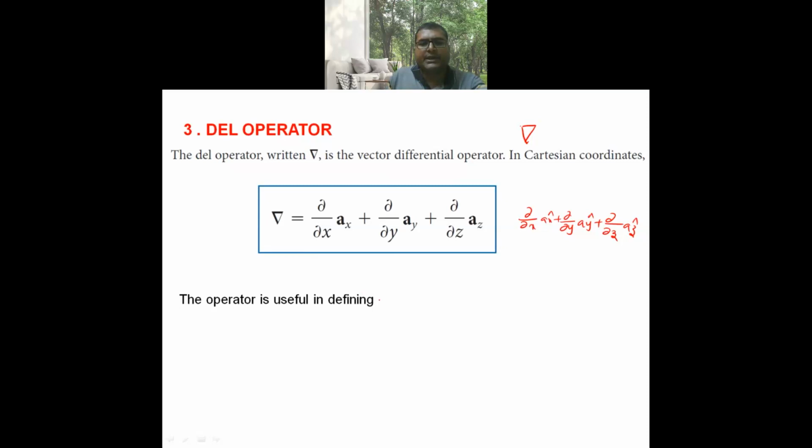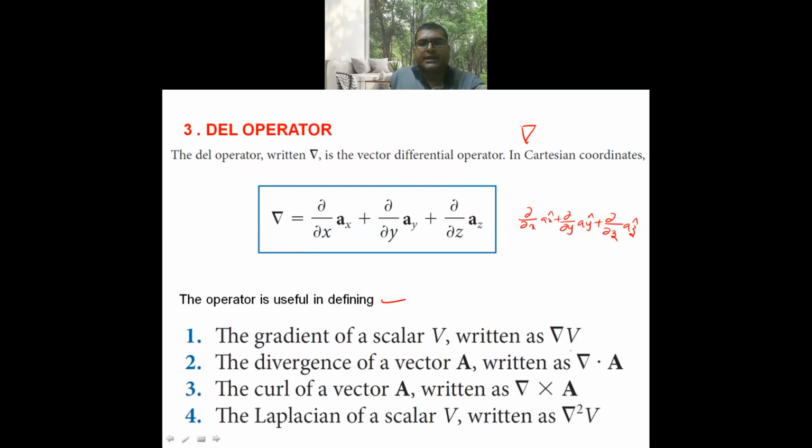The operator is useful in defining the gradient of a scalar, which can be written as del v. The divergence of a vector a bar is written as del dot a. The curl of a vector a bar is written as del cross a bar. The Laplacian of a scalar v is written as del square v.